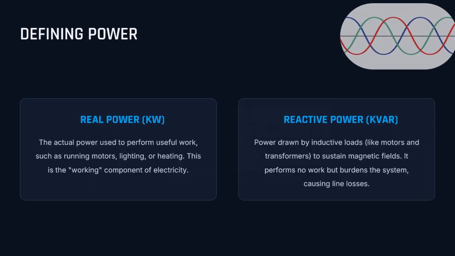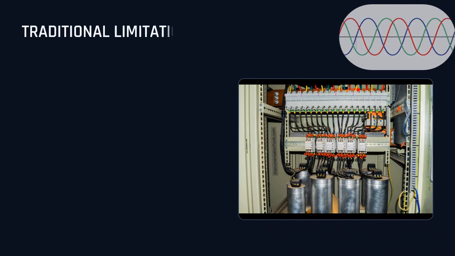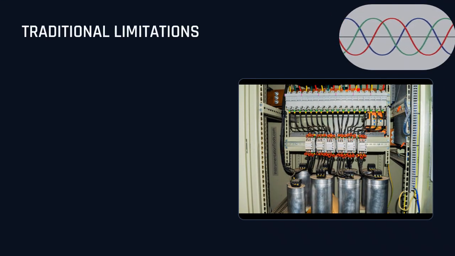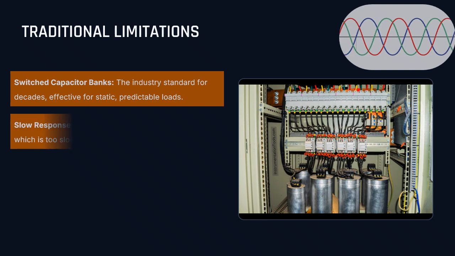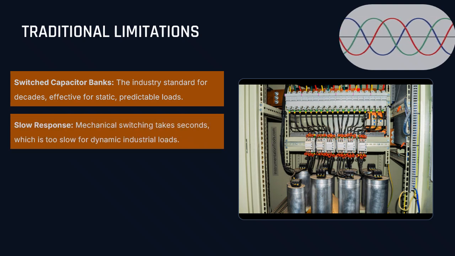Traditional limitations. For decades, the standard approach was using switched capacitor banks. While effective for stable, predictable industrial environments, they have serious limitations for dynamic loads. Their response is slow, taking multiple seconds due to mechanical switching.